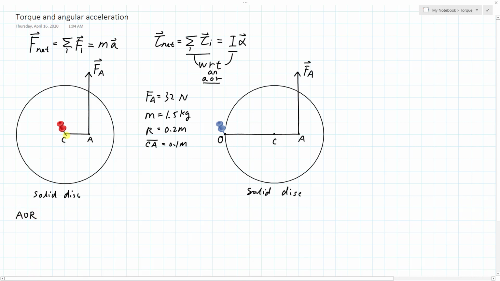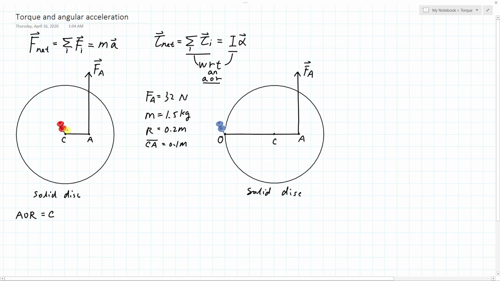Because we have this red pin here pinning down this so-called cardboard, let's just say a wooden cutout disc, and there's a hole here. I pinned it on the corkboard. So the axis of rotation, let's say that's equal to C. We're placing the axis of rotation right here at the pin. So what does that do?